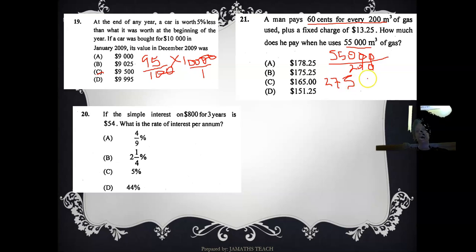And then he is charged 60 cents for each 200 meter cube. And there are 275 200 meter cubes. So 60 cents is the same as 60 out of 100 because 100 cents make a dollar. So that would be the same as multiplying by 60 over 100.